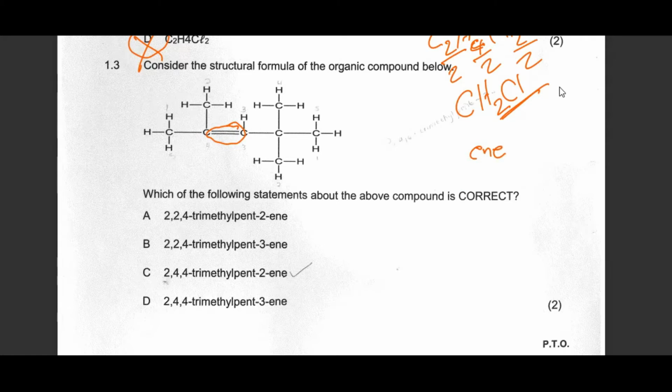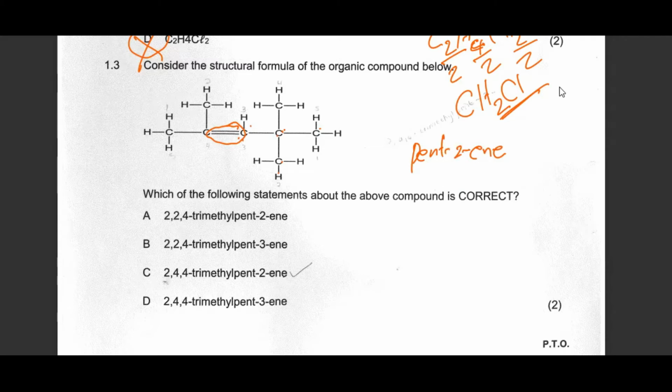Now I have to find out the longest chain: 1, 2, 3, 4, 5. Any of them is 5, and 5 is pent. But in this pent, I need to know the position of the double bond: 1, 2, 3. So I'm going to take the 2, because 2 is a little bit shorter.